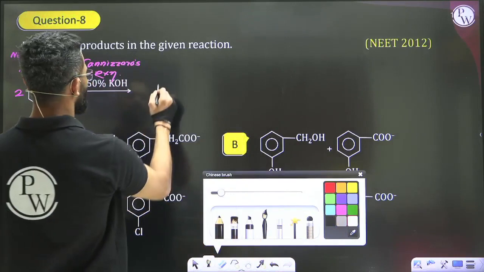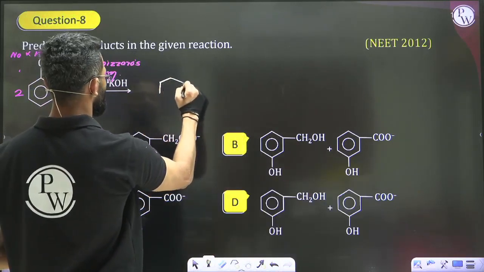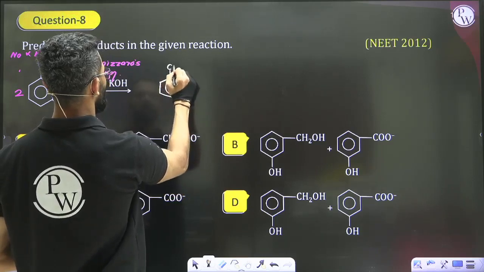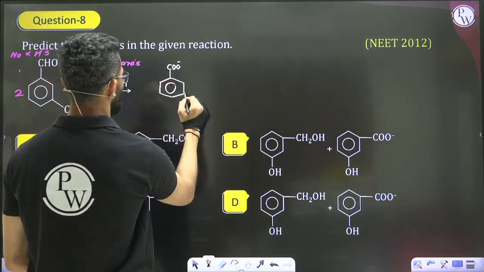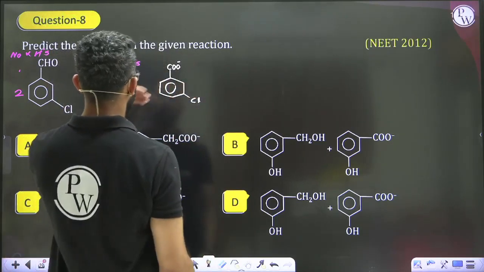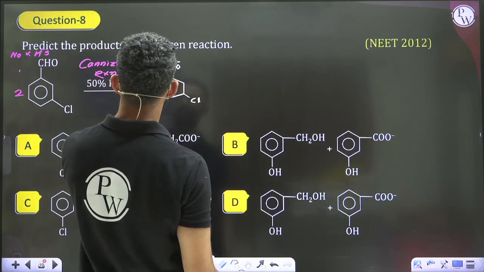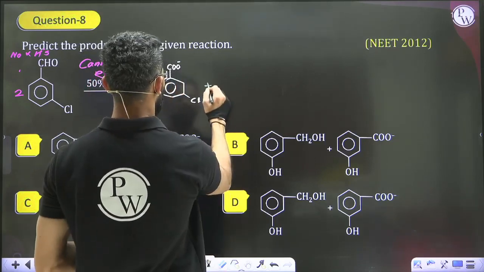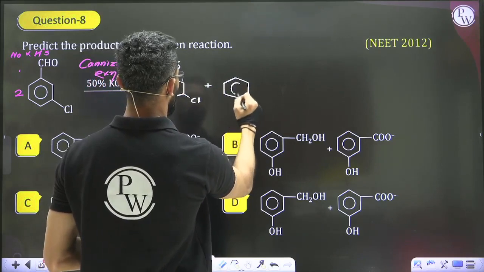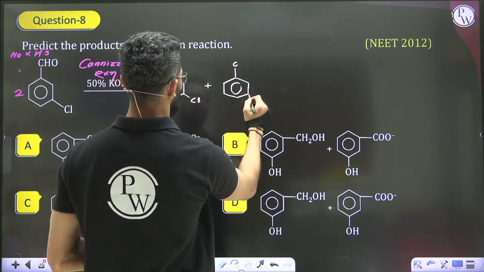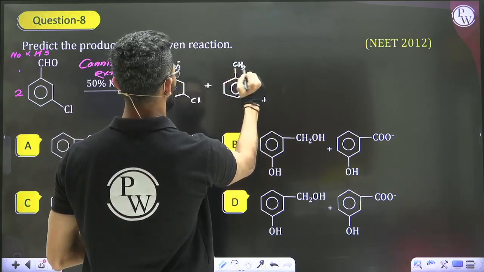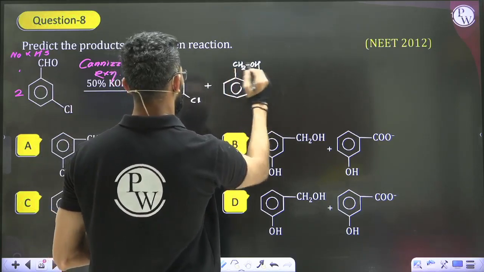One will be oxidized, the other will be reduced without any change in the number of carbon atoms. So let's say one of the molecules is oxidized, then upon oxidation this aldehyde group will be converted to COO minus and chlorine will be at meta position. We get carboxylic acid, but in alkaline condition we get its conjugate base, and the other will be reduced without any change in the number of carbons, chlorine at meta position, and this aldehyde group will be reduced to primary alcohol, that is CH2OH.